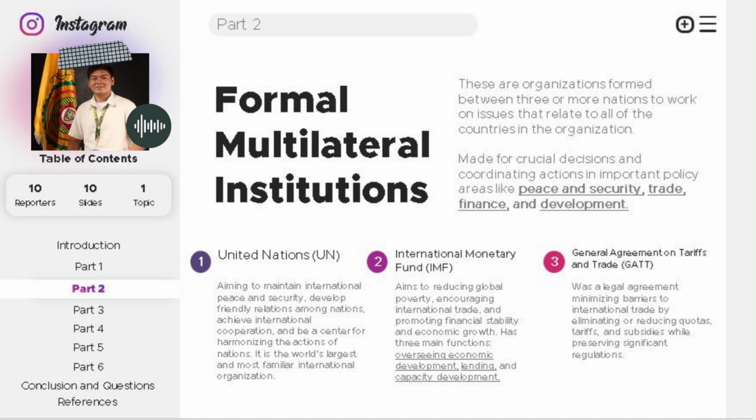While the IMF, or the International Monetary Fund, is an organization of 190 countries working to promote global monetary cooperation, secure financial stability, facilitate international trade, promote high employment and sustainable economic growth, and reduce poverty around the world. Lastly is the GATT, or the General Agreement on Tariffs and Trade. The main purpose of this agreement was to make international trade much easier through the reduction of tariffs and other barriers to trade.